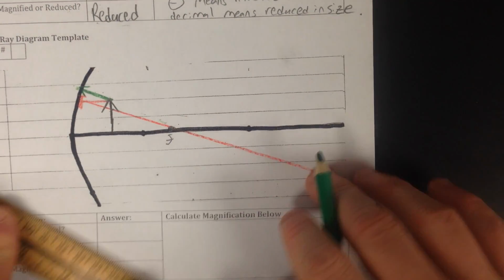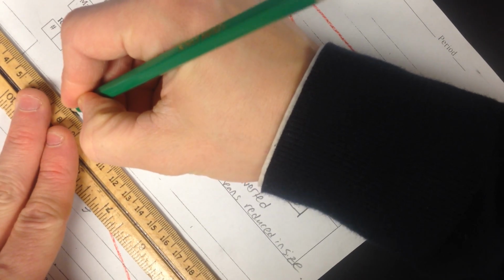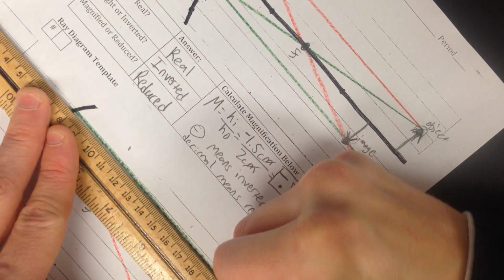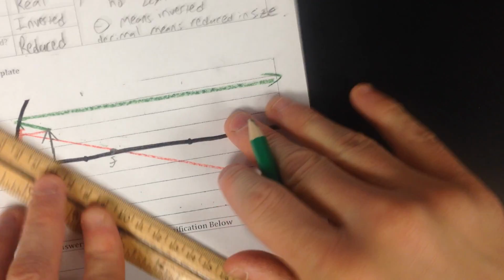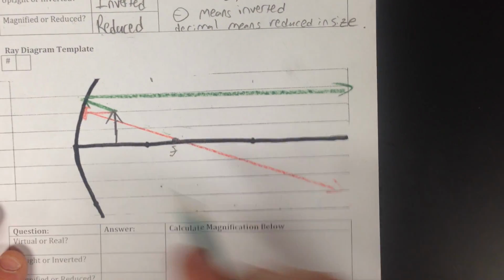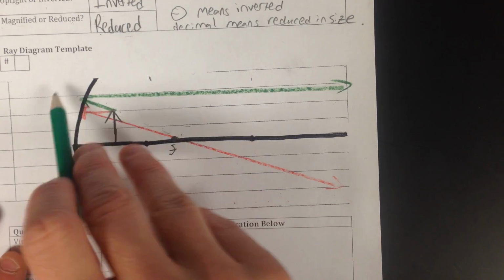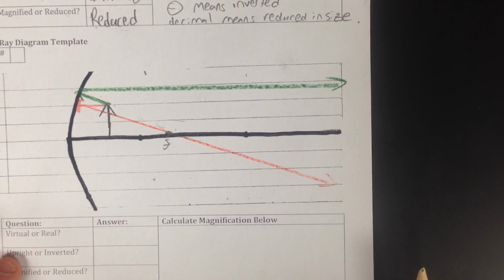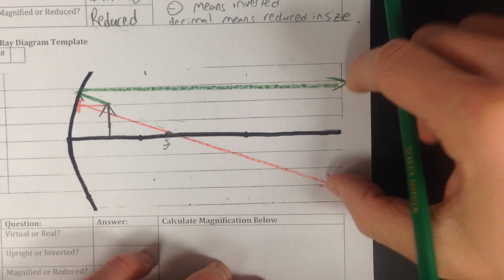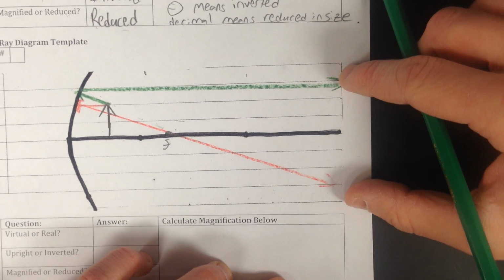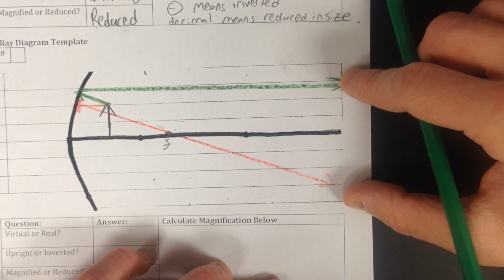And how does that reflect? It reflects horizontally, rays through the focal point. In this case, because it's in front of the focal point, it's a ray coming from the focal point. It reflects horizontally. Now, where these rays intersect is where we have an image created.